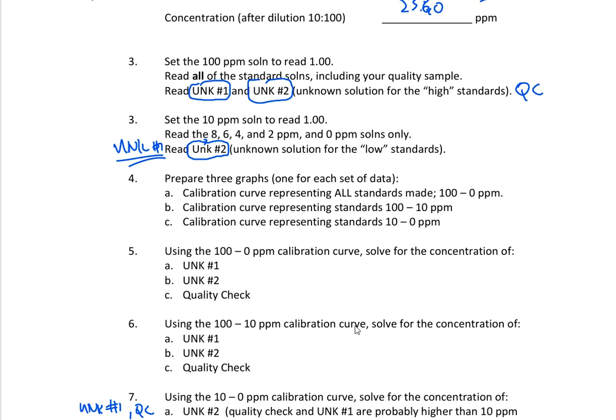And then in these directions, it's also going to say, okay, listen, now that you have done this, why don't you use the data that you have gotten from the 0 to 100, that original data, the very first run that you did, let's just focus on the 10 to 100. Let's pretend like you didn't read the 8 and the 6 and the 4 and the 2 and the 1 and the 0.